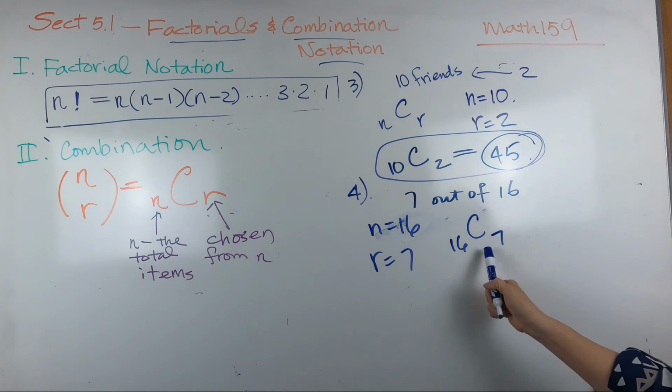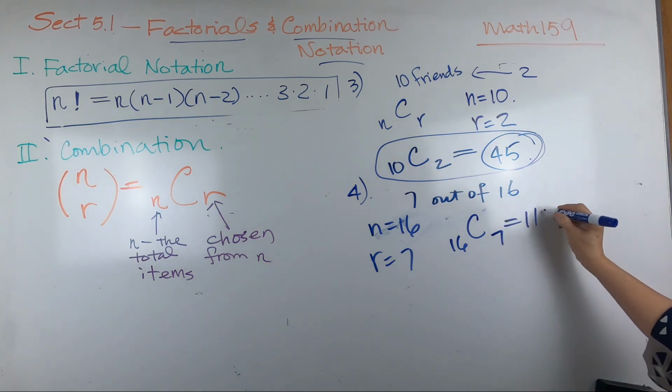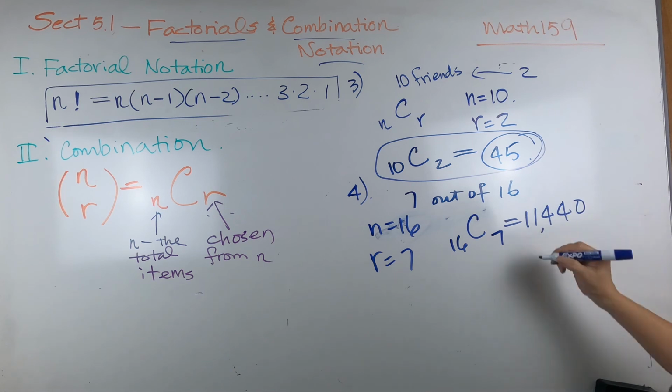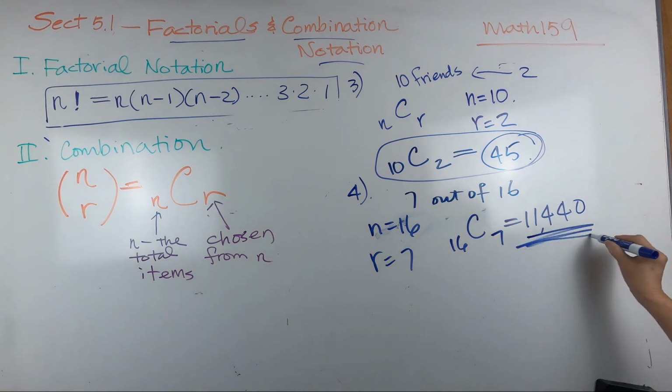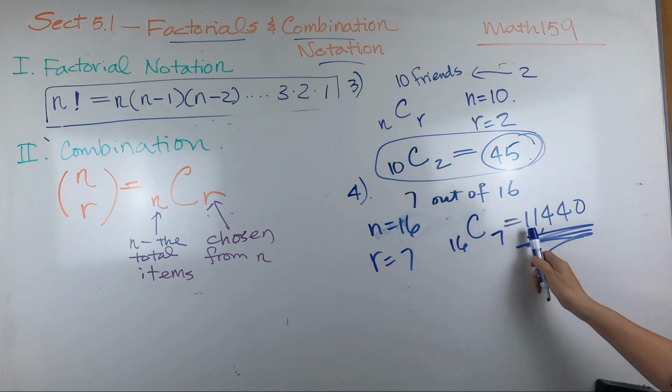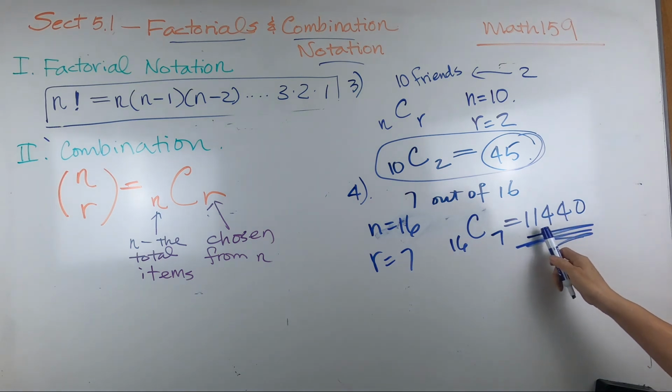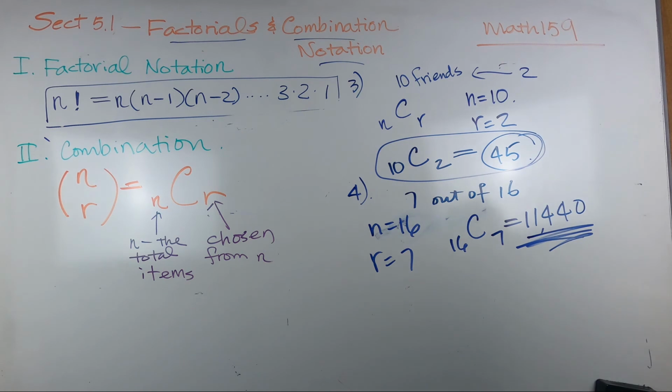Then you will punch this into the calculator. You should have this number, 11,440. So if you go to the farmer's market, you say, 16 fruits, let me pick 7. You might pick a strawberry, banana, or different things. Actually, how many options do you have? Quite a bit, 11,440 options you can have. It's a lot of options.